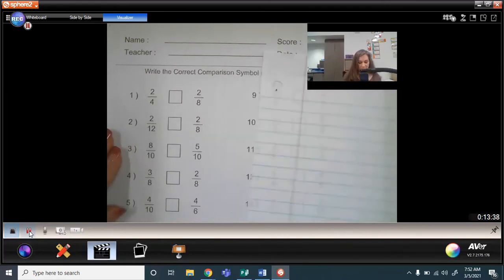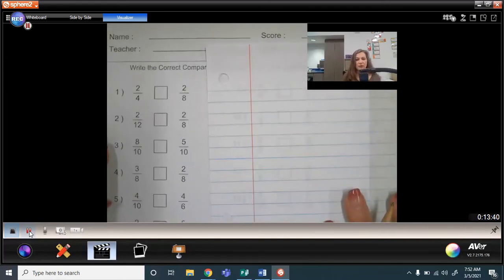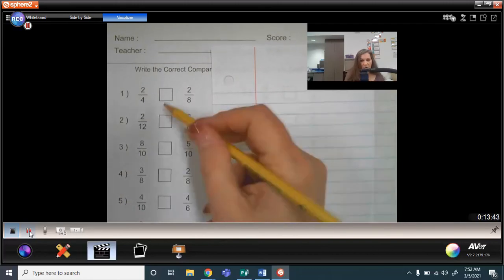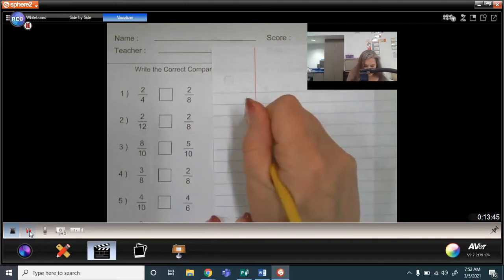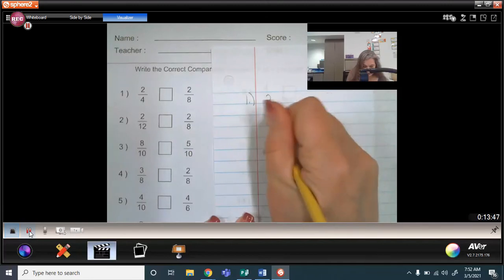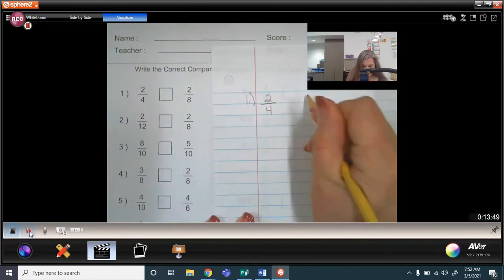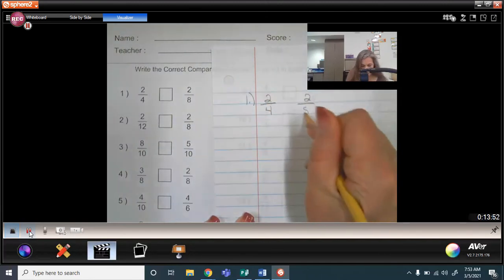So I'm going to start with number 1, and I'm just going to give you an example. When I open this up, I'm going to see number 1, and I'm going to see 2/4 compared to 2/8.